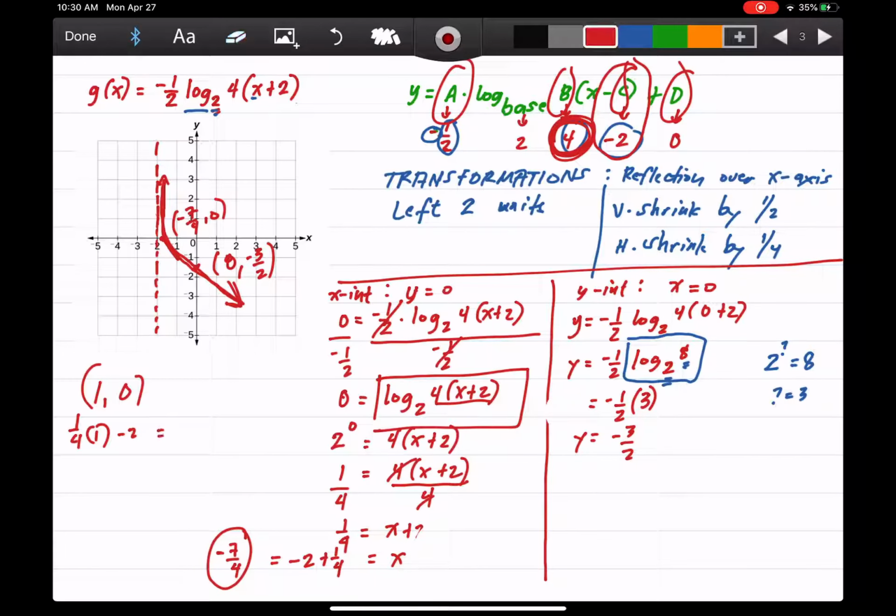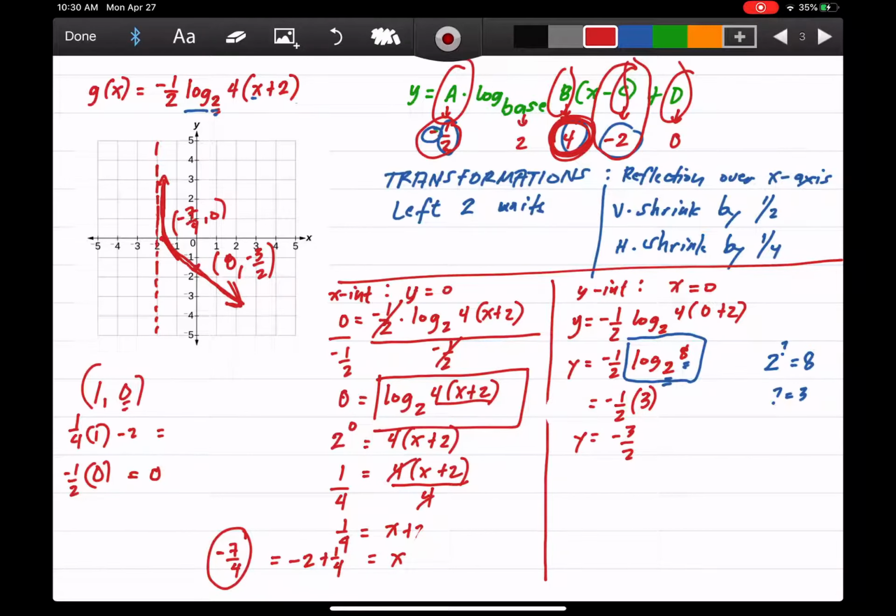That's your x values. And for your y values, this 0 right here, multiply that by negative 1/2. So 0 times negative 1/2, and there's no D, so it's still 0.